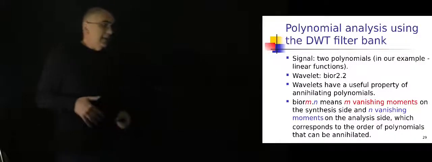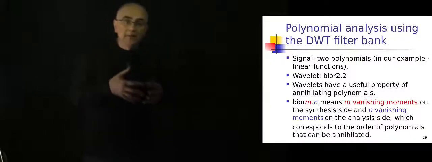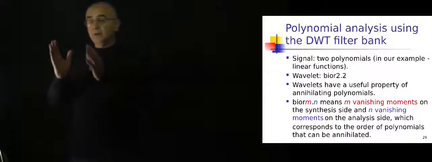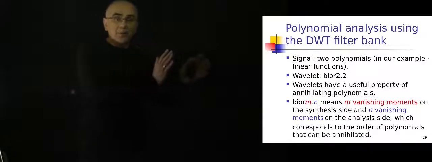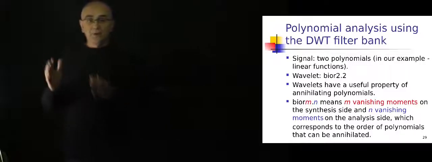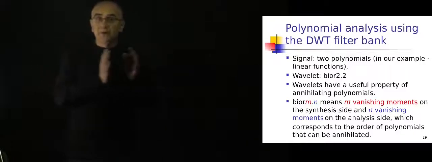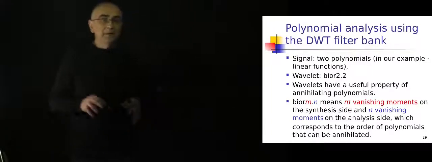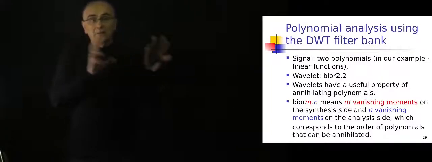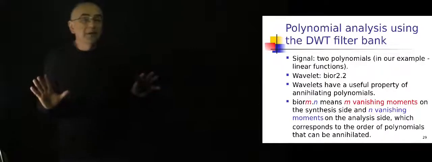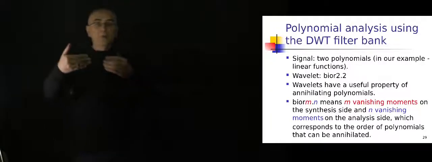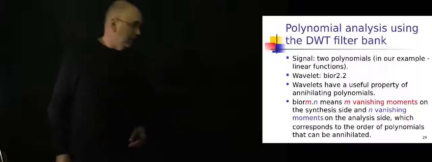If we apply the wavelet transform to a signal composed of polynomials on intervals, in the wavelet domain it is going to be zero almost everywhere except on the edges of those intervals.